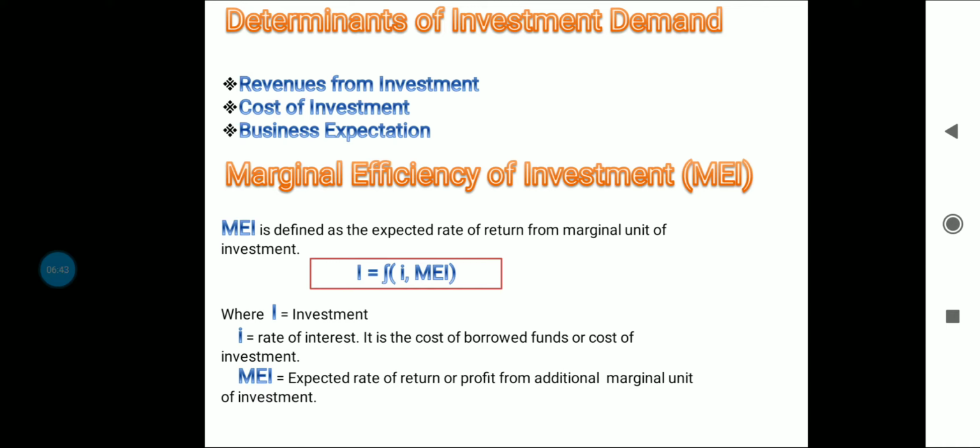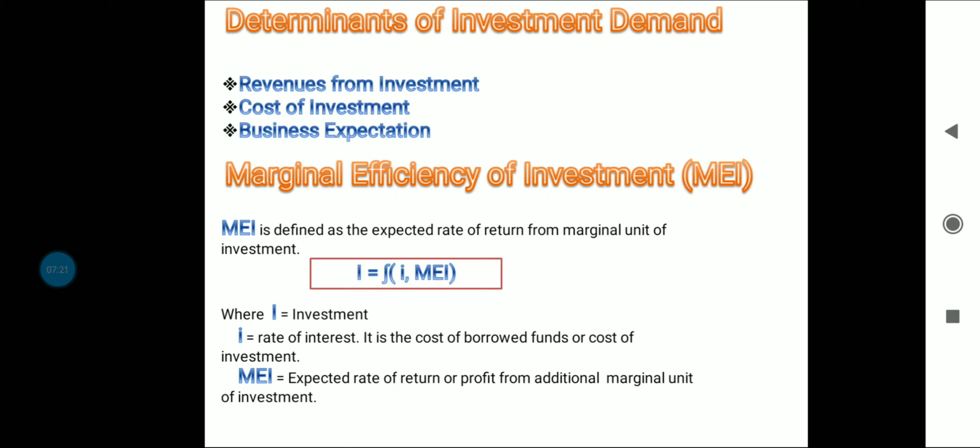Here again, the marginal efficiency of investment is defined. MEI is defined as the expected rate of return from the marginal unit of investment. As I told you, dear learners, the MEI is the expected rate of return from the additional unit of investment. So I is equal to a function of i and MEI, where capital I is equal to investment, and small i is equal to the rate of interest, which is the cost of borrowed funds or cost of investment.